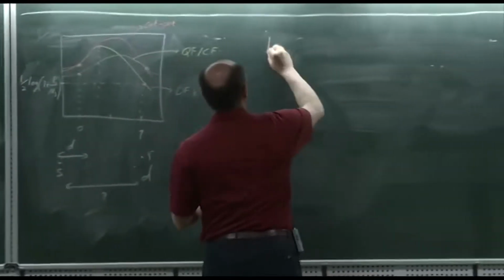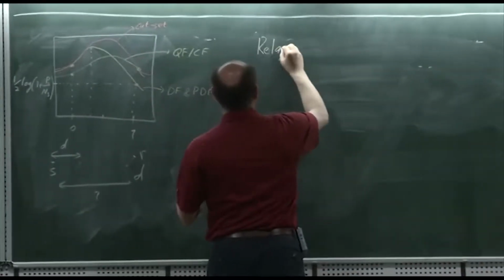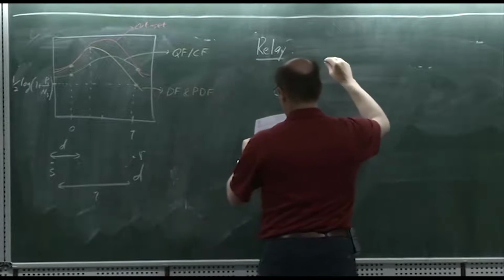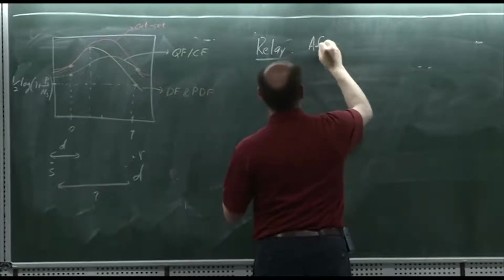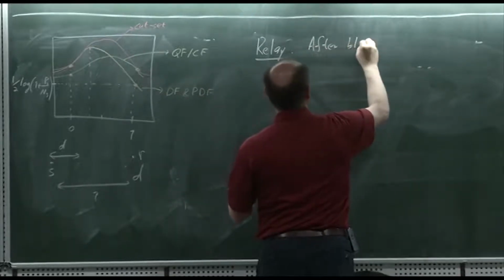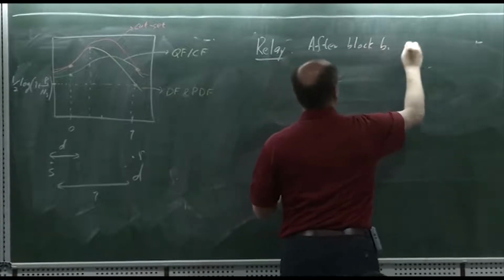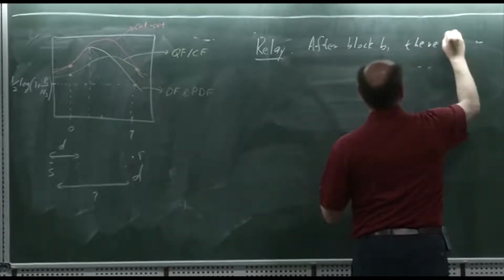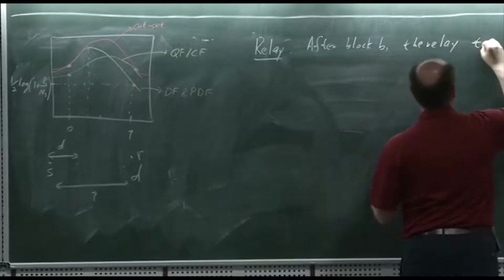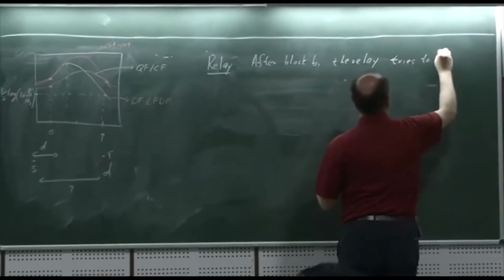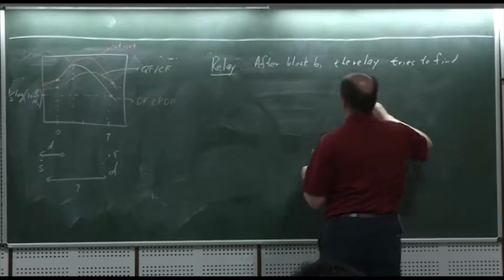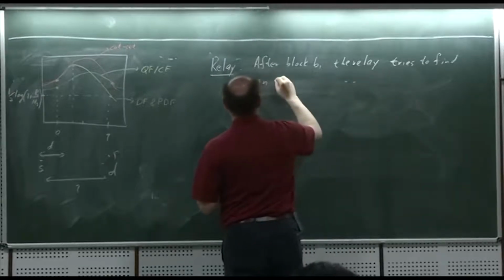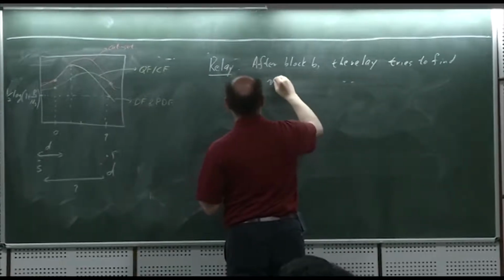So the relay, after block b, the relay tries to find an index, or a v. Let's see here.